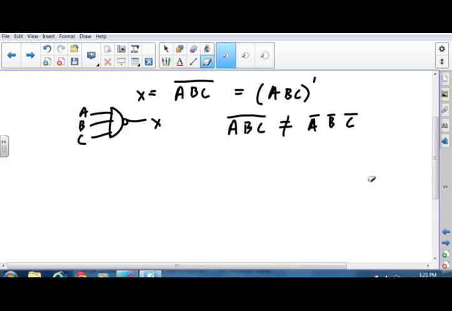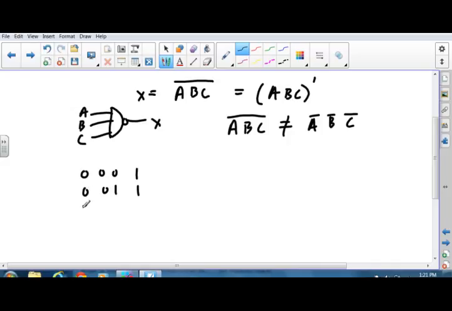But if we look at A naught, A, B, C naughted, and we look at this guy here, that's that truth table, right? Then we find 0, 0, 0, 1, 0, 0, 1, 1, 0, 1, 0, 1, 0, 1, 1, 1, all the way down until we get to 1, 1, 1, 1, and then we get, well, too many ones.